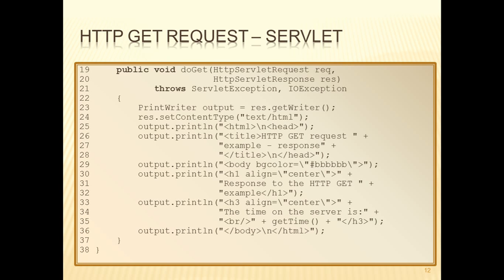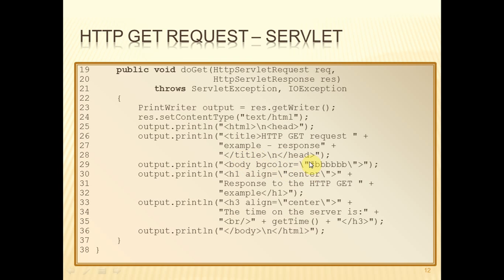Because it's expecting HTML, we need to make sure that our text is properly formatted HTML. And so you get, for example, on line 25, the HTML tag, and then a new line, and then the head tag, and then a title tag, and then the end title, end head, then the body tag with a background color, and so on.